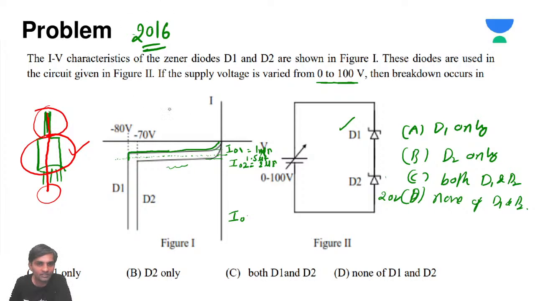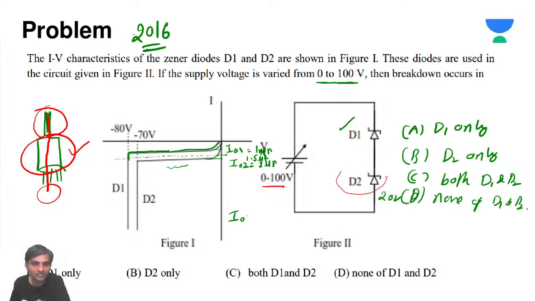So now what happens, sir? When you are slowly increasing from 0 to 100 volts, when the input crosses 80 volts, diode D1 breaks down. The breakdown for diode D1 occurs already. Once diode D1 breaks down, this current is still flowing here, but diode D2 is not in breakdown.